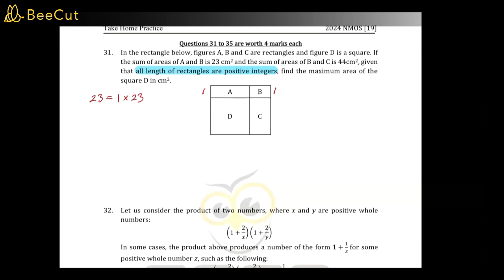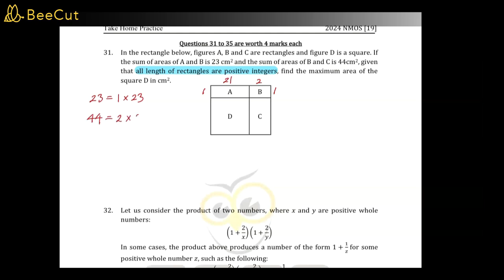So the other pair, B and C, add up to 44. Now we can just do a bit of guess and check. So this works when this side equals 2 and this is 21. Because 44 is either 1 times 44 or 2 times 22. So you try 1 times 44, it doesn't work.